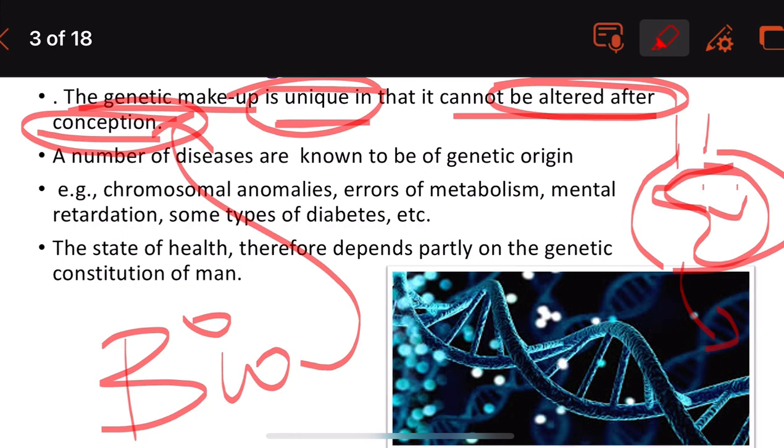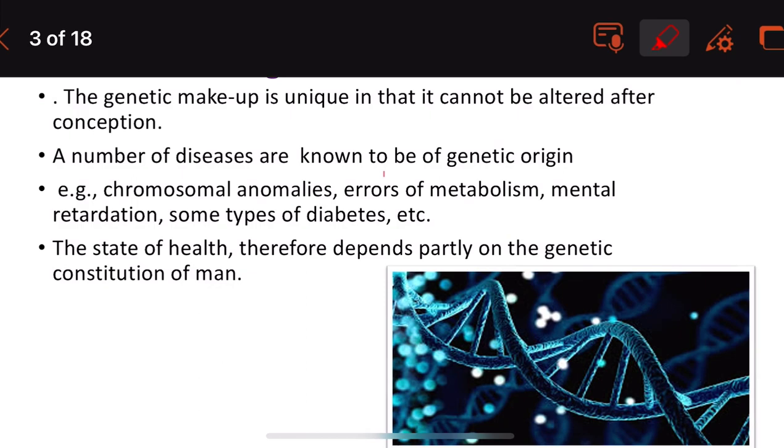Also, after conception, once the mother conceives, there is no chance that you can alter the genes. A number of diseases are said to be of genetic origin. Now let us name some of the diseases which occur because of a defect in the genes.